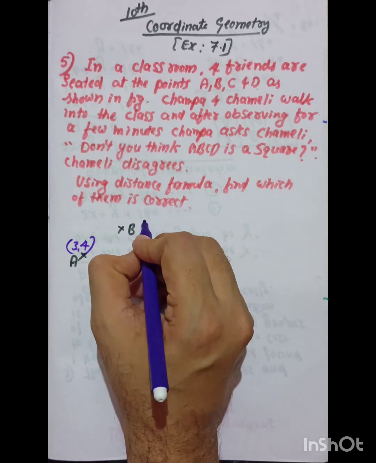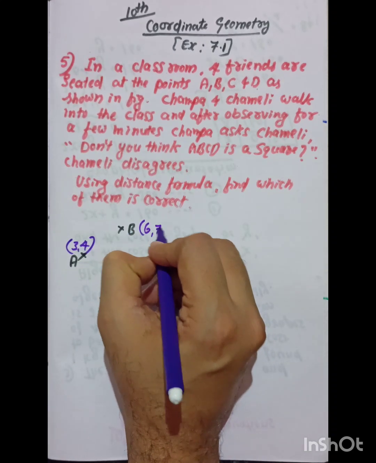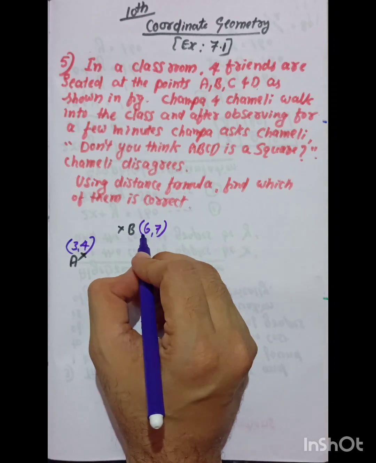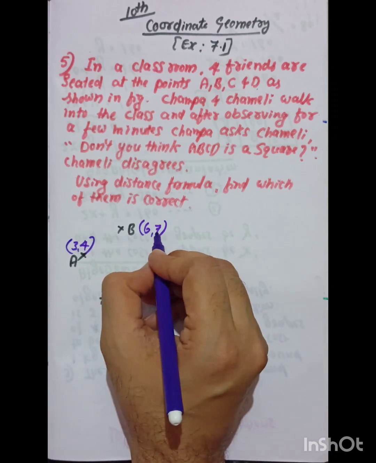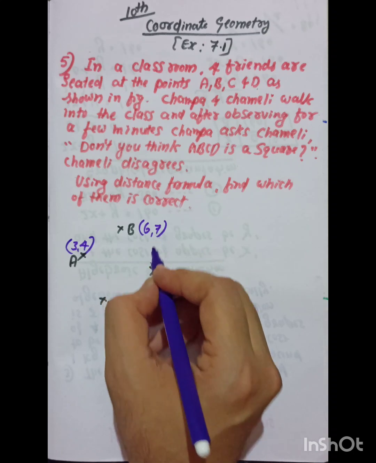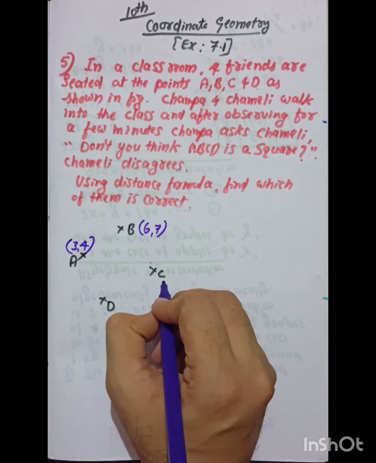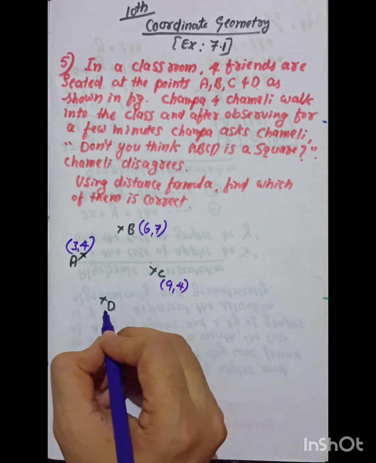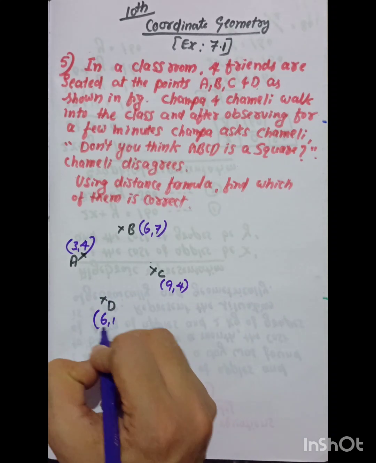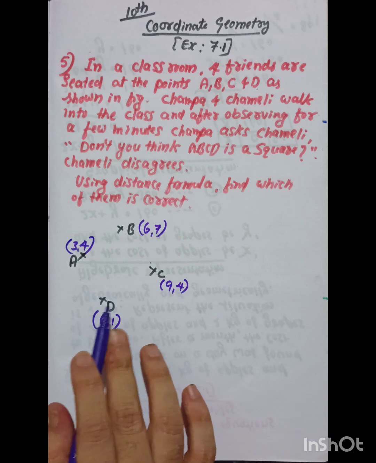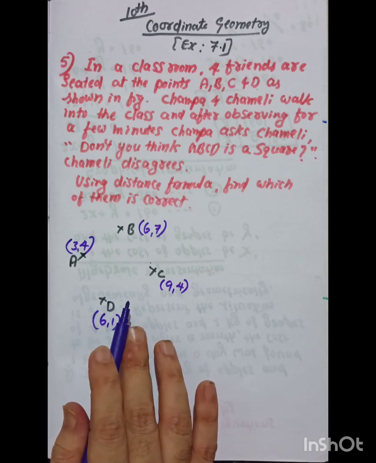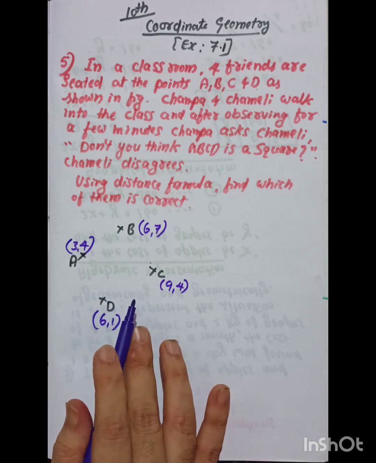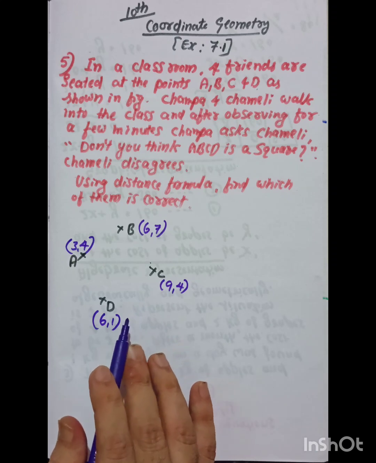Similarly, B is 6, 7, that is 6 on the x-axis and 7 on the y-axis, C is 9 and 4, and D is 6, 1. You can get these points by observing the x and y coordinates on the graph sheet given in the textbook clearly.